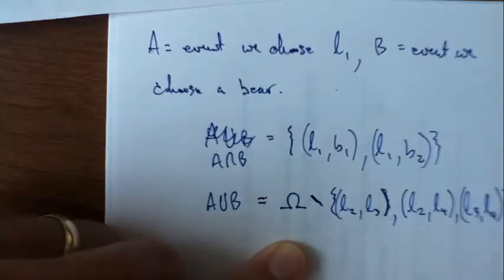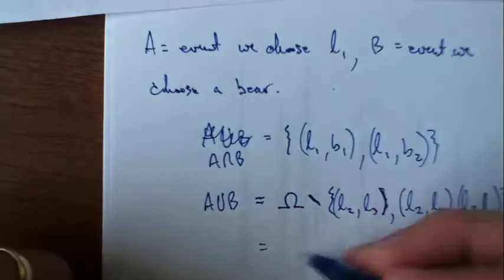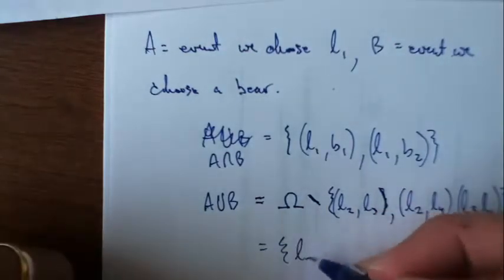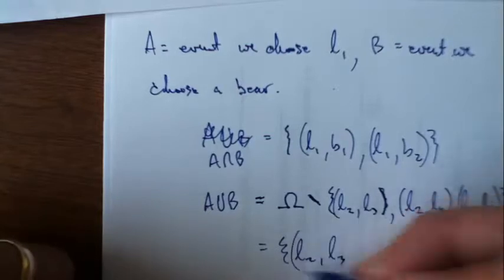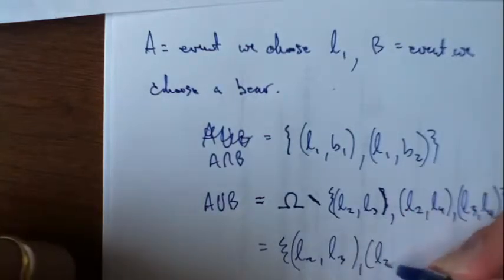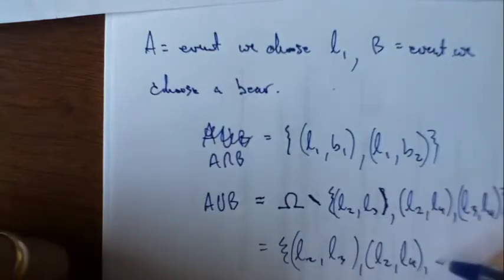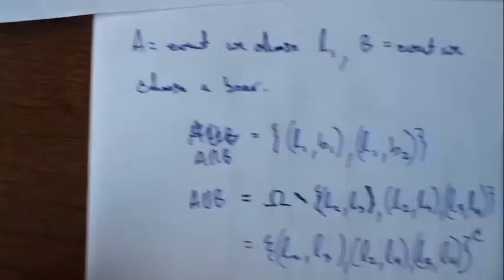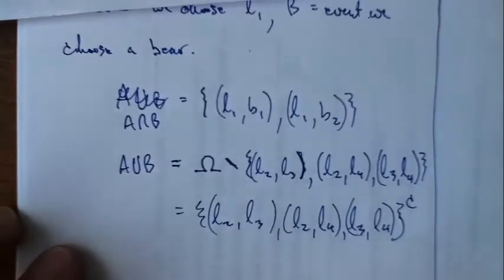You do it like that. Or you could write it like this. You could say it's the event L2, L3, L2, L4, L3, L4, complement. You can say it like that if you like.